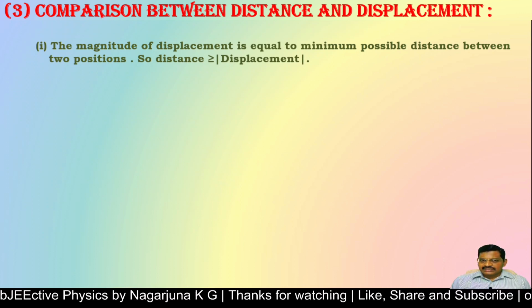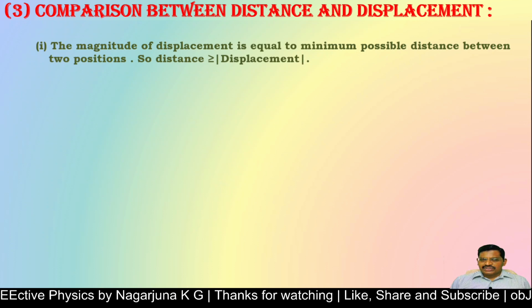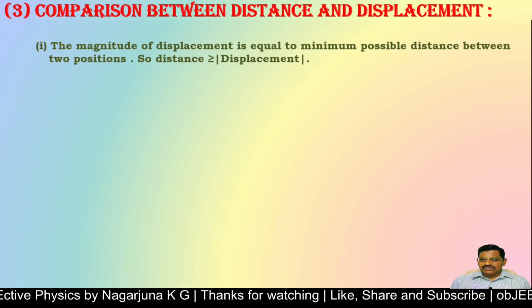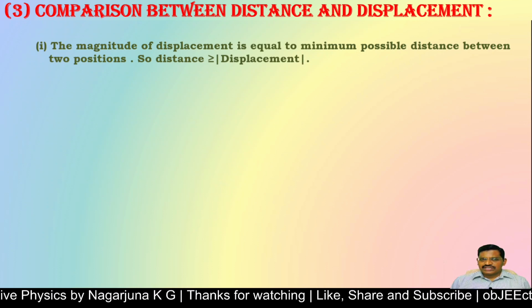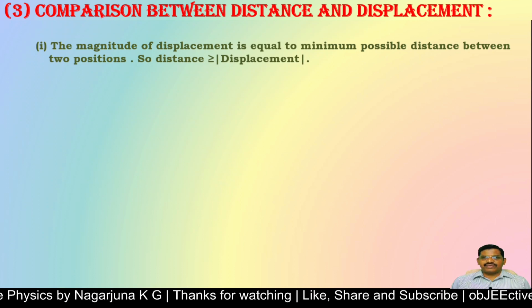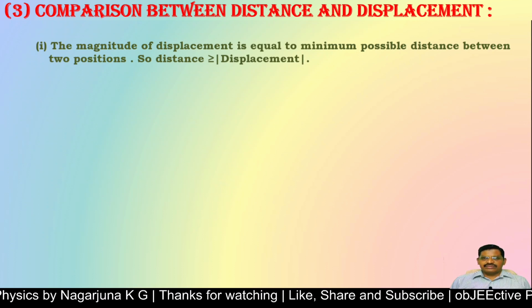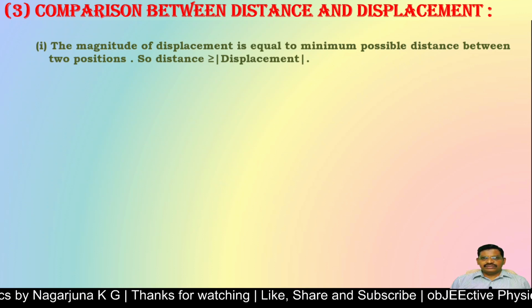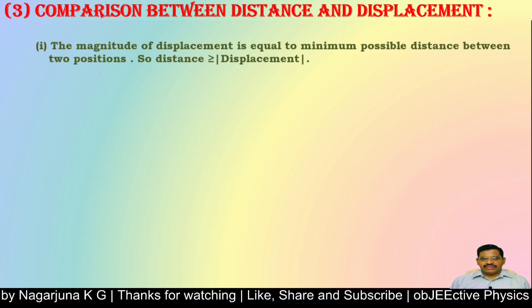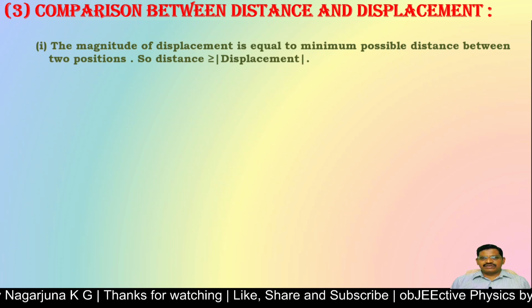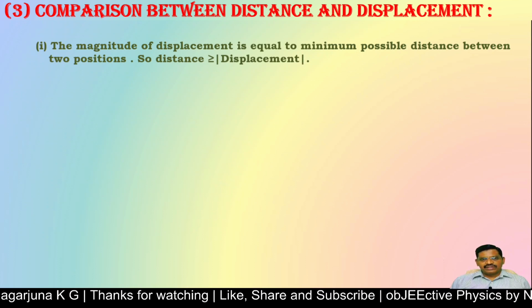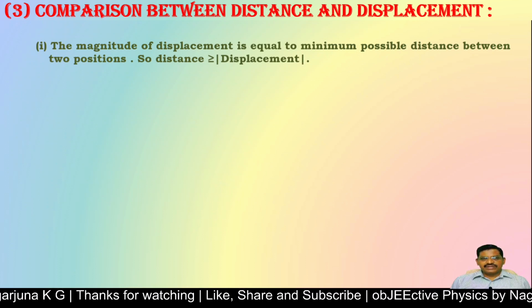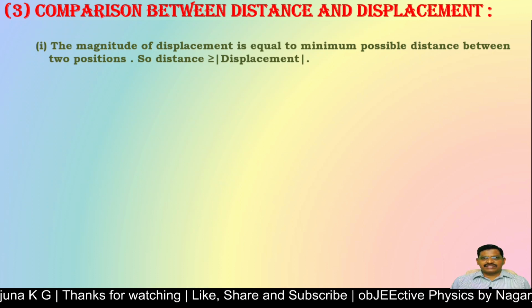In the last diagram, ABC, a right angle triangle, distance is equal to 7 meters, displacement is equal to 5 meters. So in that case, displacement is less than distance.